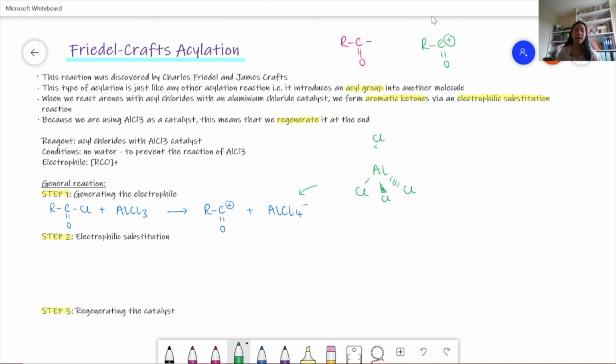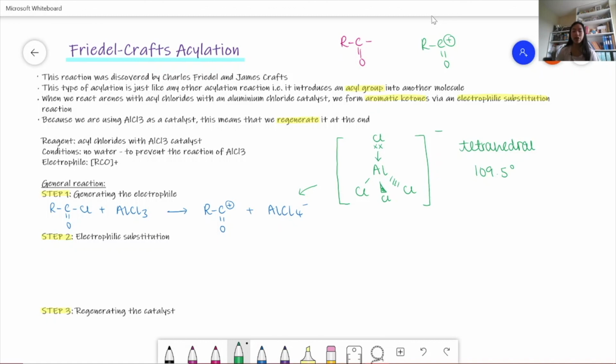And so both of the electrons in this bond come from the chlorine, and so it's a dative covalent bond. They're donated to this aluminium. And so this is a negative ion, and it has a tetrahedral shape, because the dative covalent bond classes as a bonding pair. So we have 4 bonding pairs, which repel each other by the same amount. And so the bond angle is 109.5 degrees.